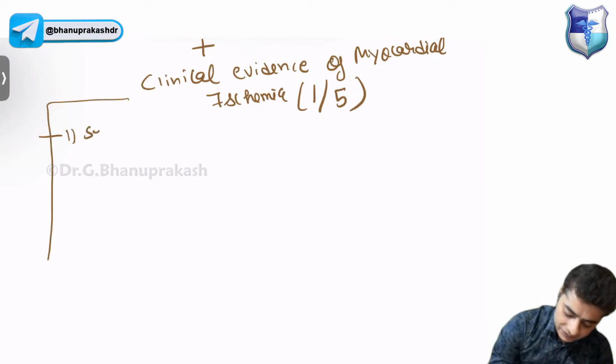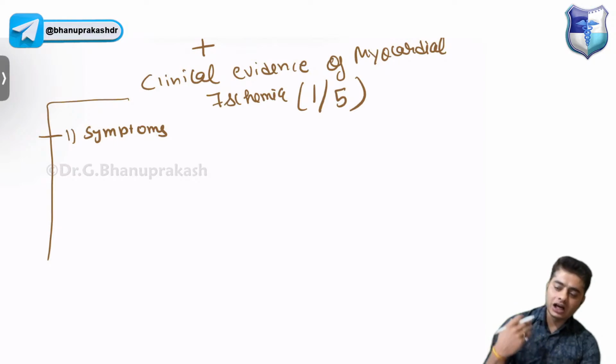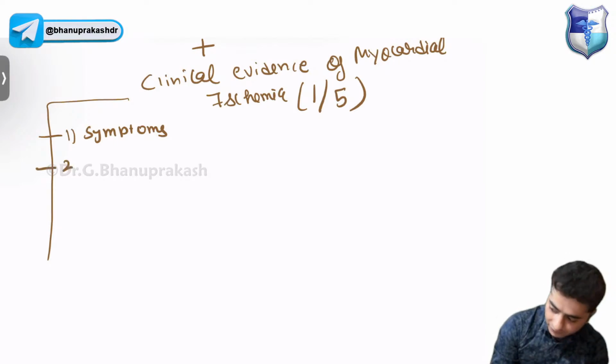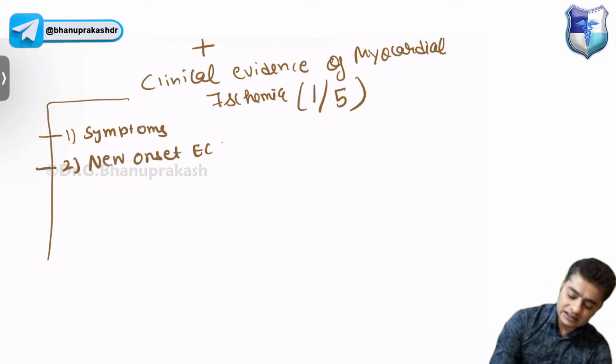Now, first is symptoms. By symptoms I mean: is the patient having tightening, squeezing kind of pain? These are all symptoms, along with perspiration, nausea, vomiting, dyspnea. If these kinds of symptoms are there. Second, we come to new onset ECG changes.